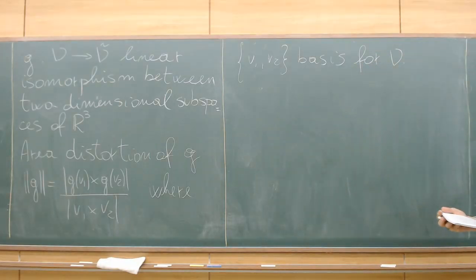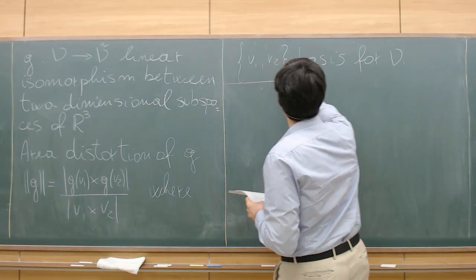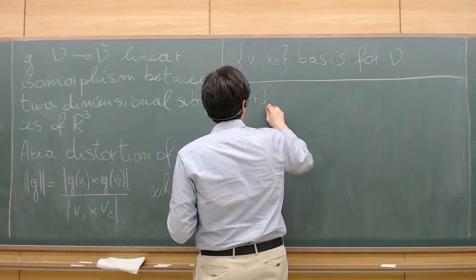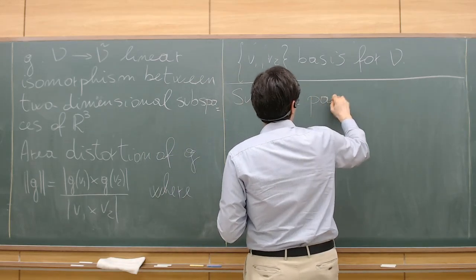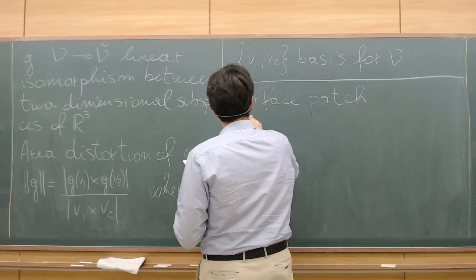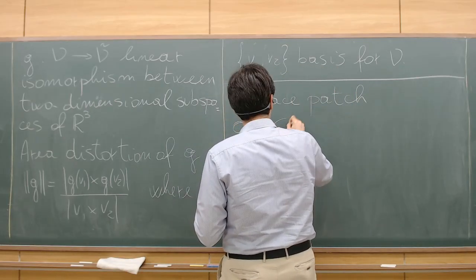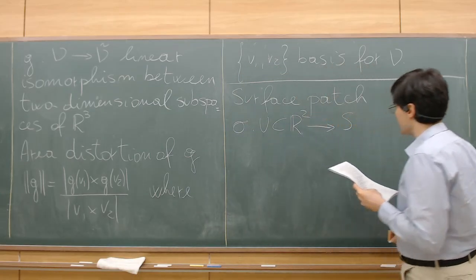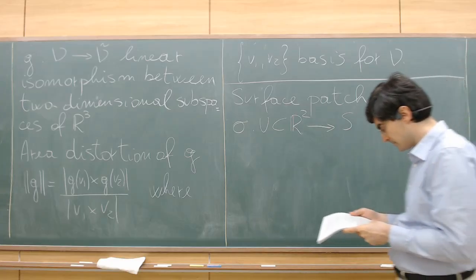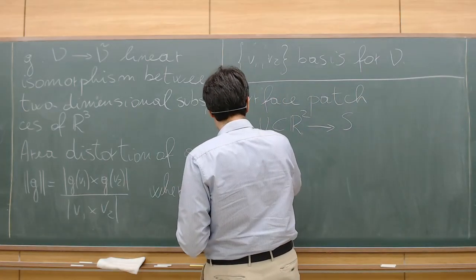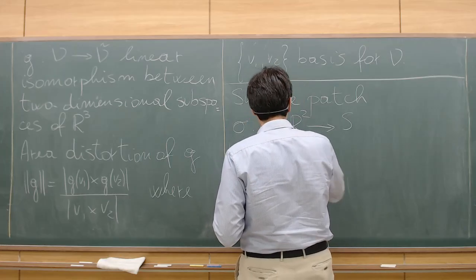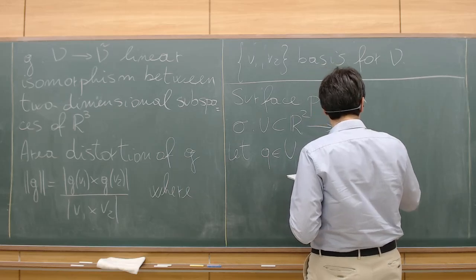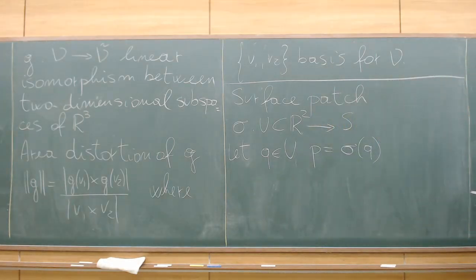Now let's consider a surface patch sigma defined on U contained in R2 with values in S, where S is a surface. Then let Q be a point of U and P be the image of Q by sigma.